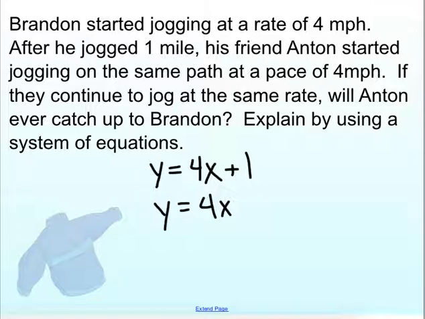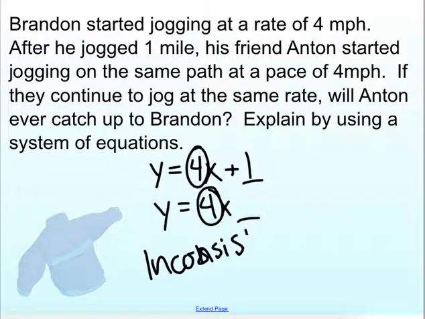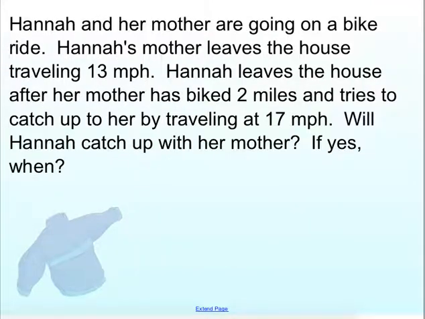Looking at these, we can see they have the same slope, different y-intercepts, so these would be inconsistent. Okay, they are parallel. They are running basically parallel to each other the entire time. They will never meet.